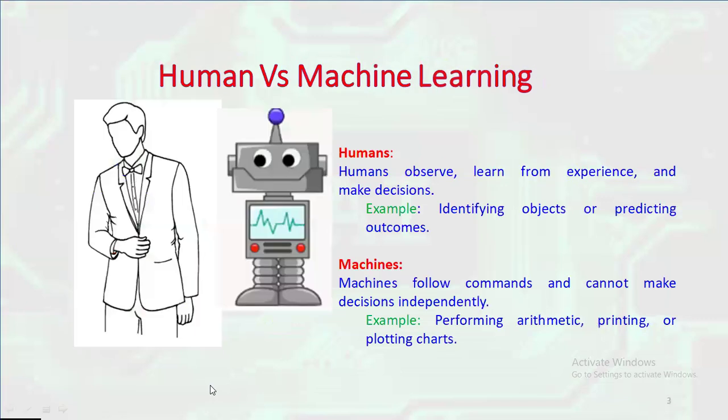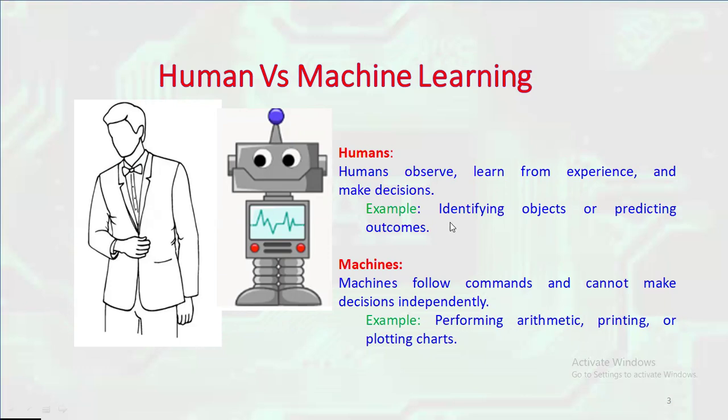Next, we'll see human versus machine learning. Humans are capable of sensing, interpreting, and learning from their experiences or surroundings. They gather information through observation and experience, which helps them develop reasoning and decision making skills. For example, a person can recognize a dog by comparing it to dogs they have seen before or predict rainfall based on cloud patterns.